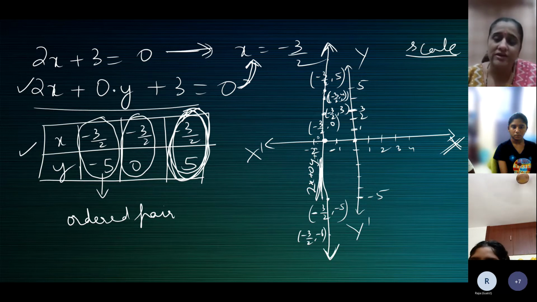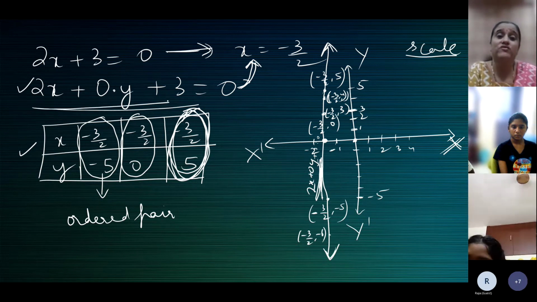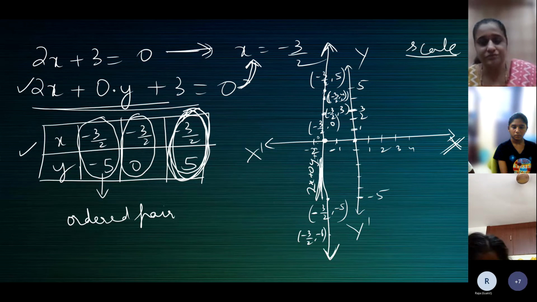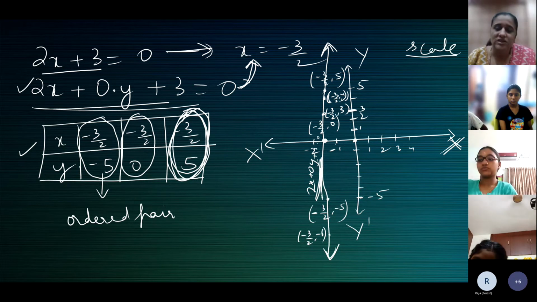And since this line has infinitely many points on it, this linear equation in two variables x and y has infinitely many solutions. So if you treat 2x plus 3 is equal to 0 as an equation in one variable x, the solution is represented by a point on the number line.